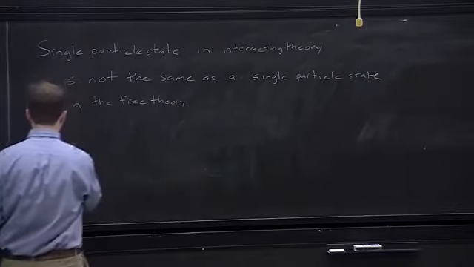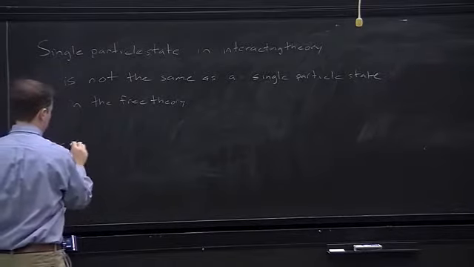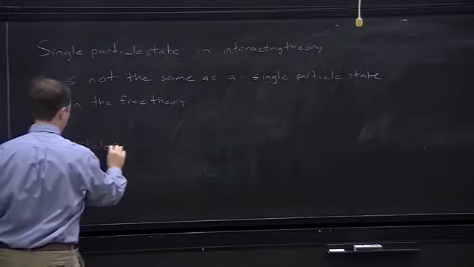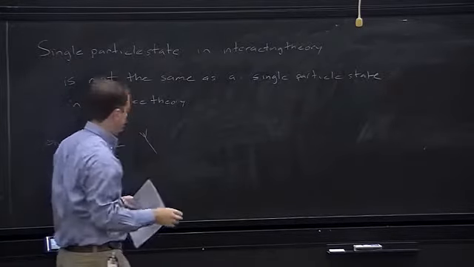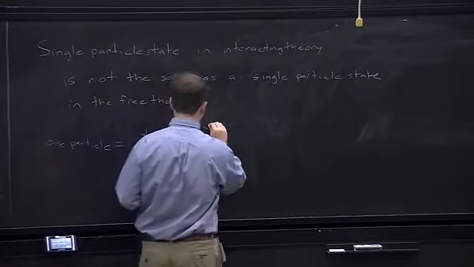And so one particle state can be represented in terms of Feynman diagrams as the free propagator plus loop corrections.